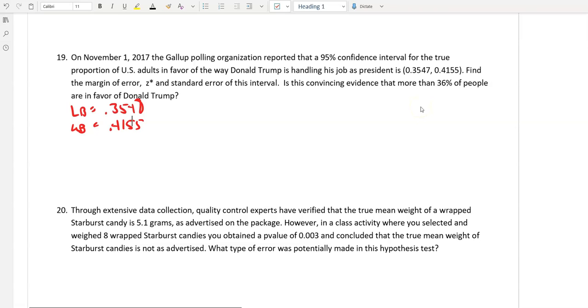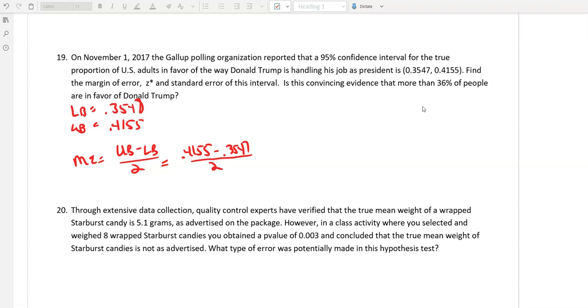All right. And so my margin of error, if you remember from one of the previous problems we did, is just the upper bound minus the lower bound divided by 2. Because it's how far apart they are, and you split that in half because you start in the middle and how far they go in each direction is called the margin of error. So it would be 0.4155 minus 0.3547 divided by 2.